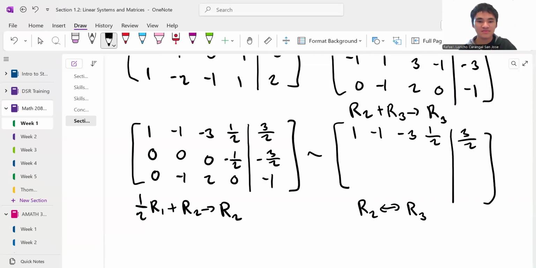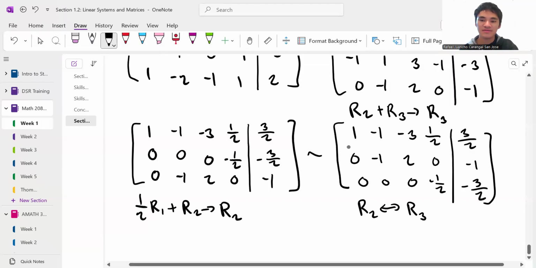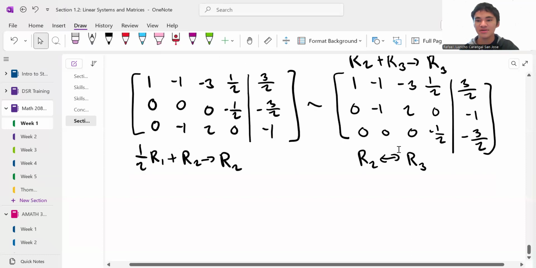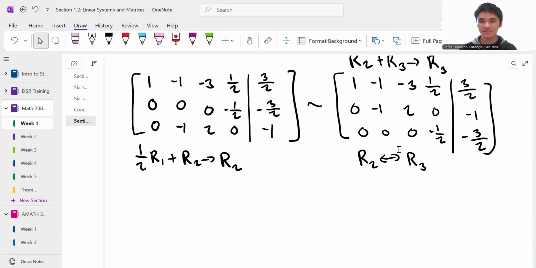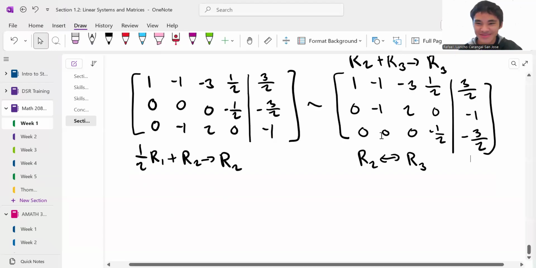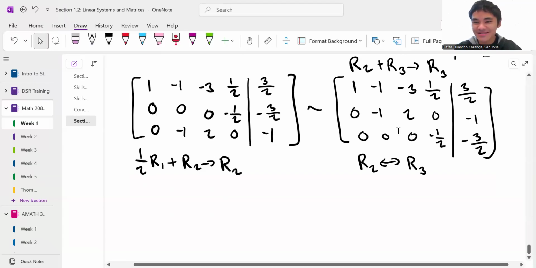So I save row 1, so it becomes row 2 now. Then I have row 3 here. And there we have it. Done, right? We now have it in echelon form, I think. If not, then that's funny. But I do think we have it, though.